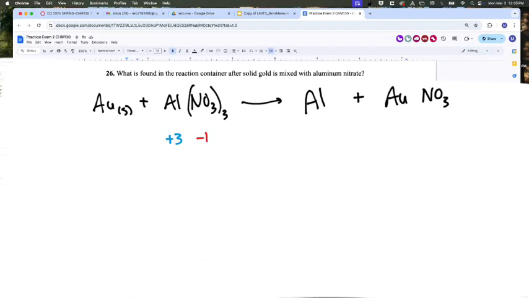What was the charge on the nitrate? -1. What was the charge on gold? Okay, this is an interesting one. We go, oh, it was 0 on the reactant side. What kind of chemical reaction do we run? A single replacement. And what content immediately followed discussing single replacement reactions?